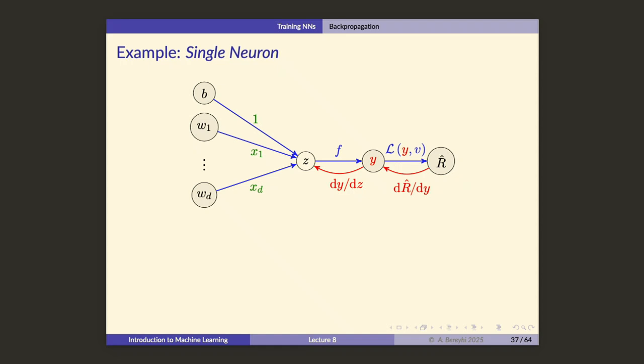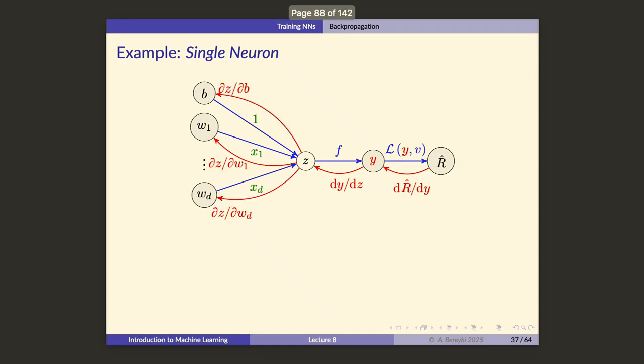Say, for instance, I want to compute the partial derivative of Z with respect to weight W1. What is that? Z is W1 x1 plus W2 x2 plus so on plus b, right? What is the partial derivative with respect to W1? x1, right? So it's essentially the variable you see on the edges, right?